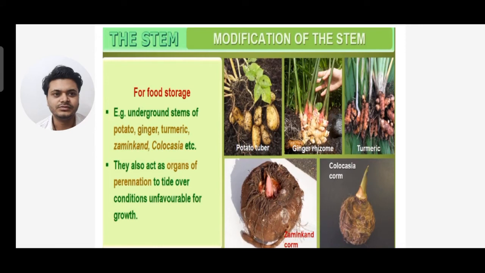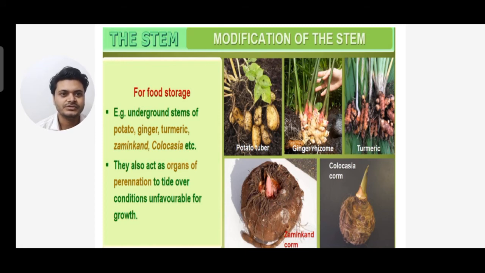Now how does it help for food storage? Examples are the underground stems of potato, ginger, turmeric, zamikand and colocasia. These are examples of food storage, and they also act as organs of perennation to tide over conditions unfavorable for growth.